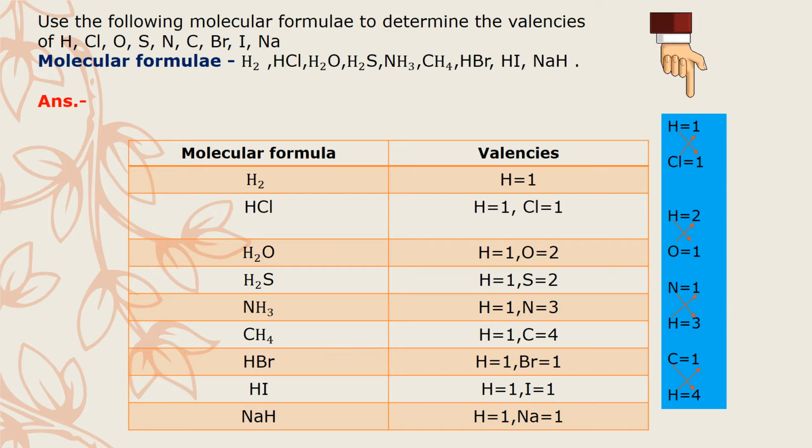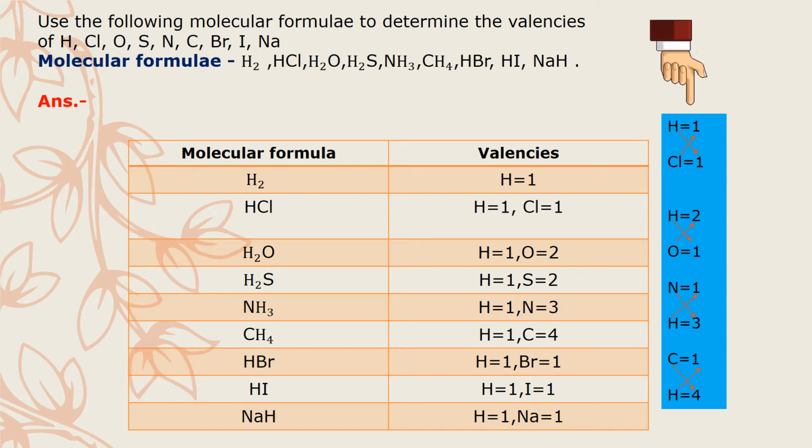So after cross multiplication, we get the valency for hydrogen as 1 and for sulfur as 2. Now next is NH3. In NH3, the number of nitrogen is 1 and the number of hydrogen is 3. After cross multiplying, the valency for nitrogen will be 3 and the valency for hydrogen will be 1. Now next is CH4.